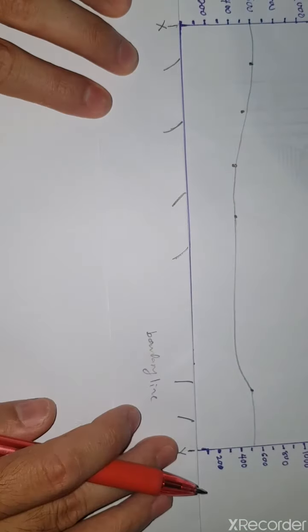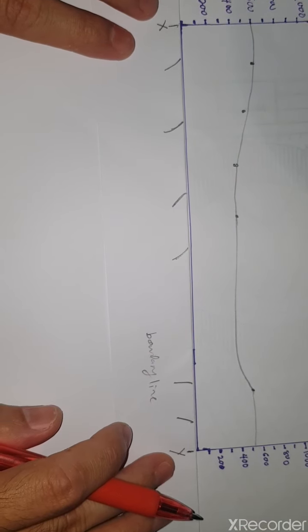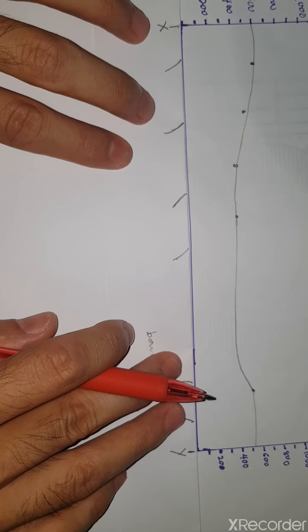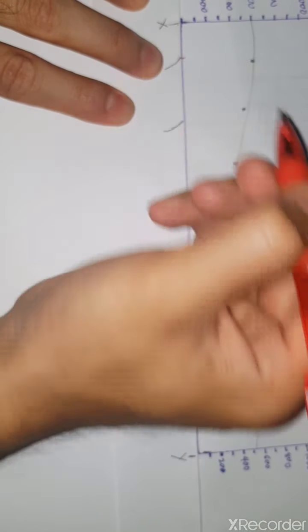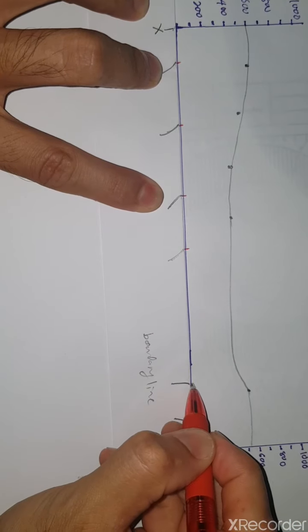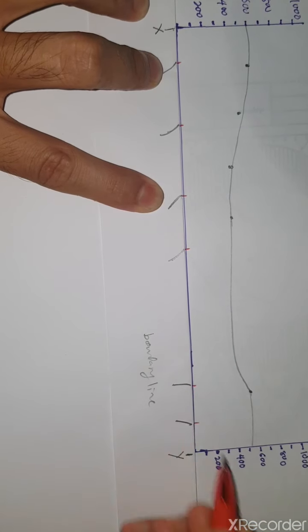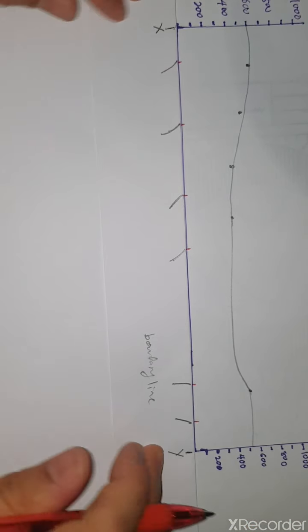Put it on X and Y, then point the boundary line here, and also here, this here, and also here. Then take a ruler and make a line that must be at 90 degrees.